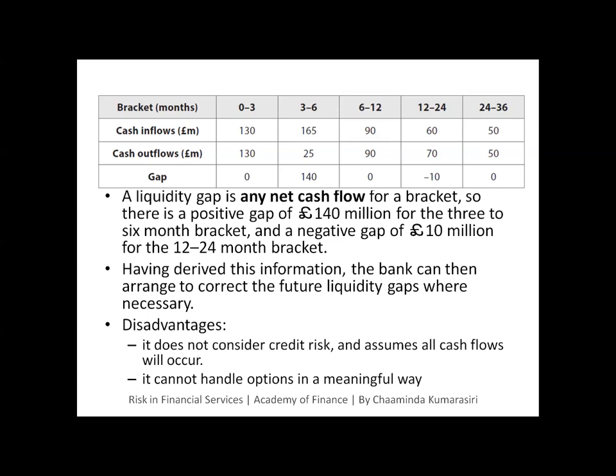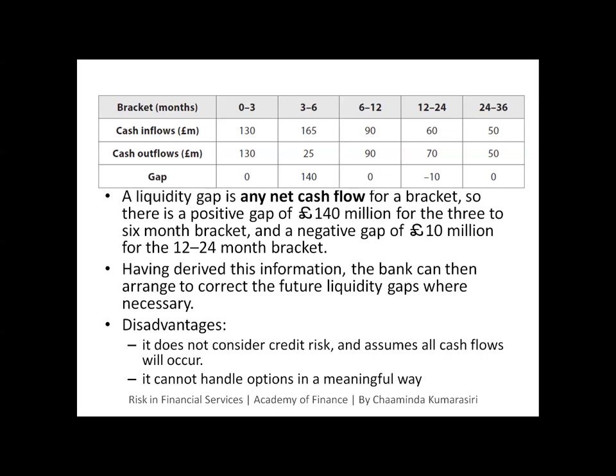Now the problem with this exercise is you can see the numbers, you can see the gaps, but it doesn't consider the credit risk. What does it mean? That means when you do this exercise, you don't believe that there will be a gap on the other side; you believe that the cash will come on time.